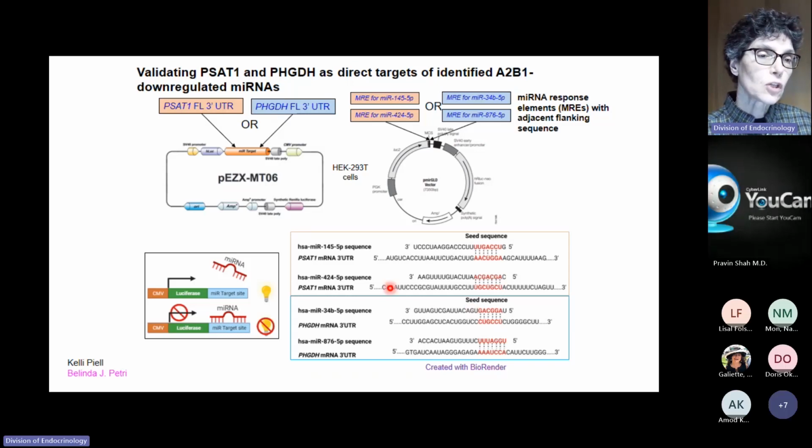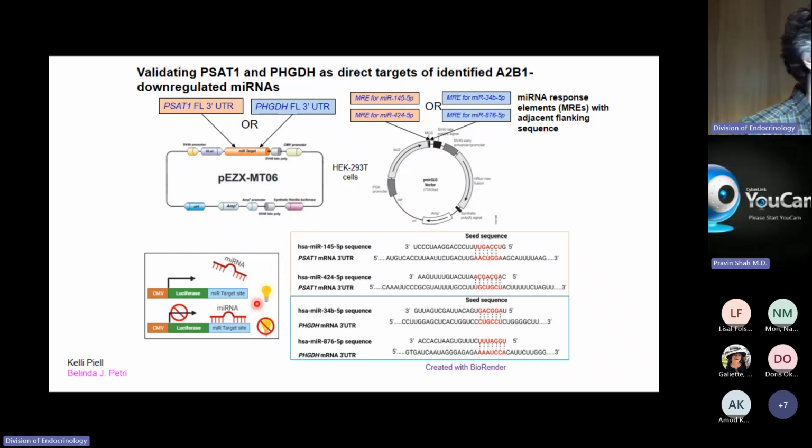So what should happen if the microRNA really does bind to these microRNA response elements that are present in the 3' UTR of the respective gene, then that will decrease luciferase protein expression. We'll see a decrease in luciferase reporter activity, namely, we'll see a decrease in the firefly relative to the Renilla luciferase activity in our assays.